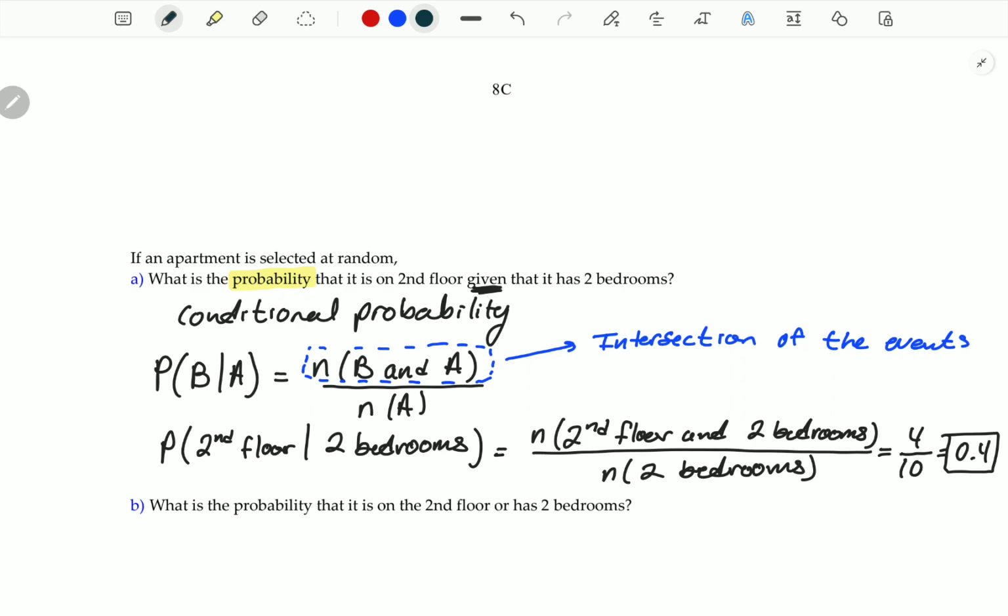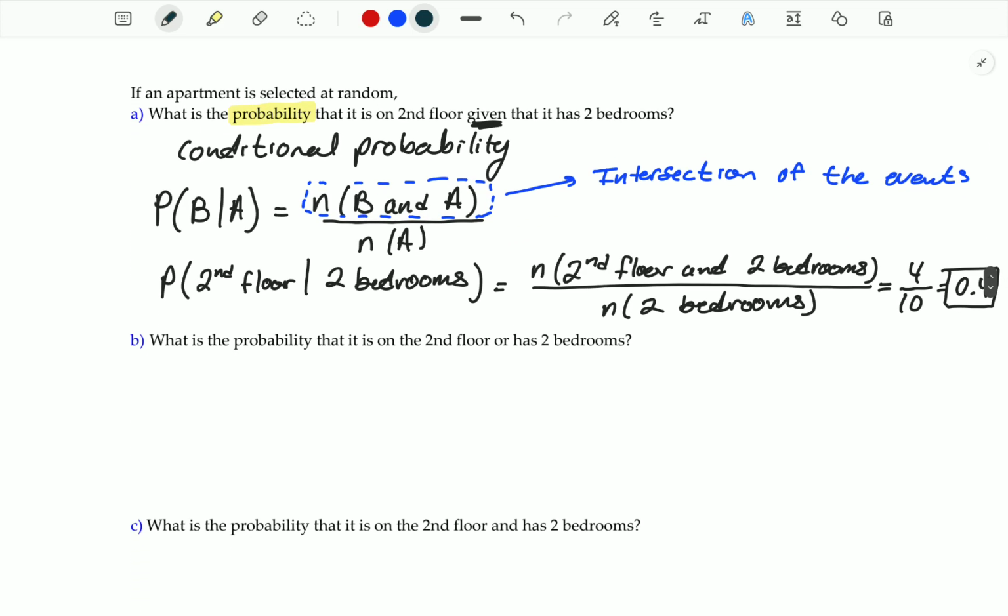Question B says, what is the probability that the apartment is on the second floor or it has 2 bedrooms? When you see the word or in a probability question, we want to use the addition rule of probability. And we're going to use addition rule 2, under the assumption that the events are not mutually exclusive.